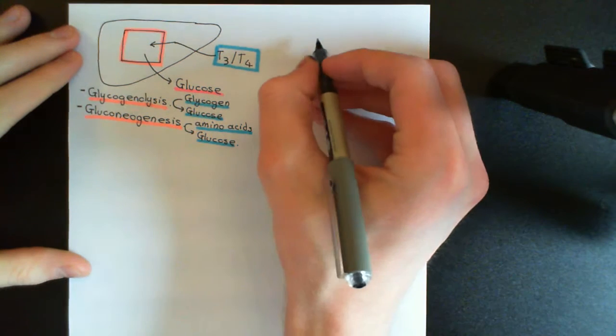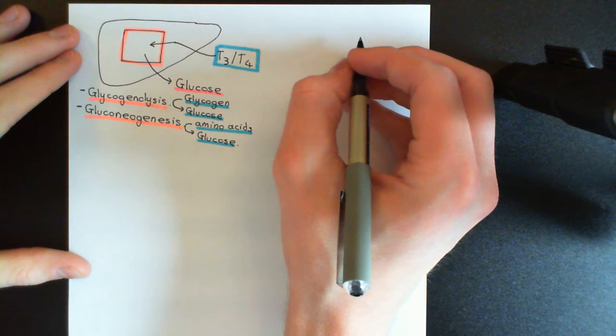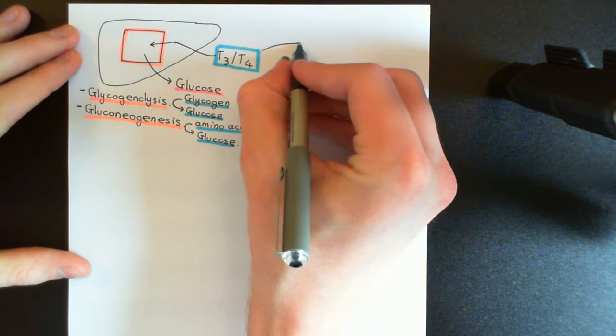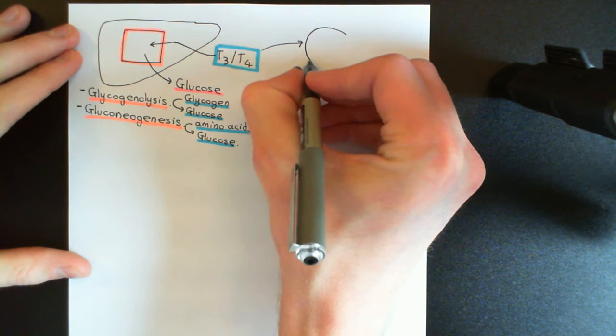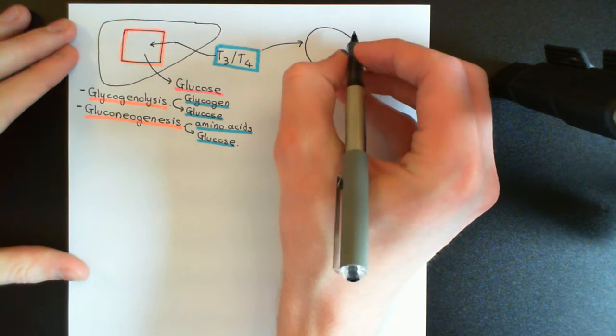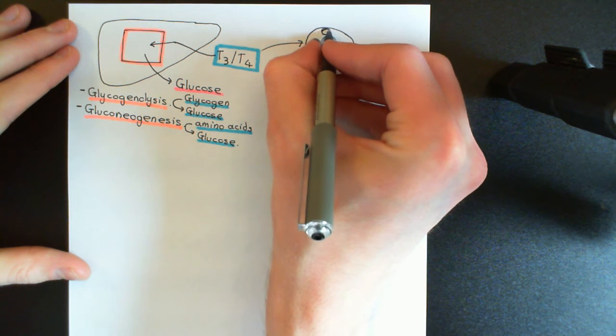Okay, so now let's talk about the effects of T3 and T4 on adipocytes and also on the skeletal muscle cells. So I'll start with adipocytes. So I'll draw a big white adipocyte here, and I'm going to now specifically stress the fact that it is a white adipocyte, because we will also be mentioning brown adipocytes.